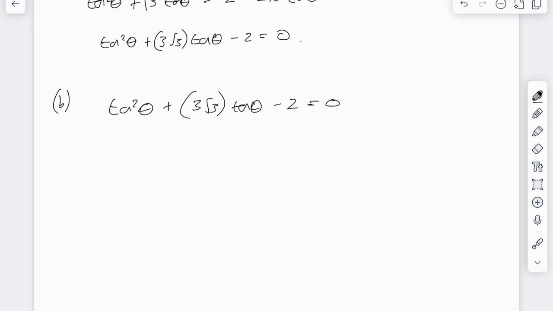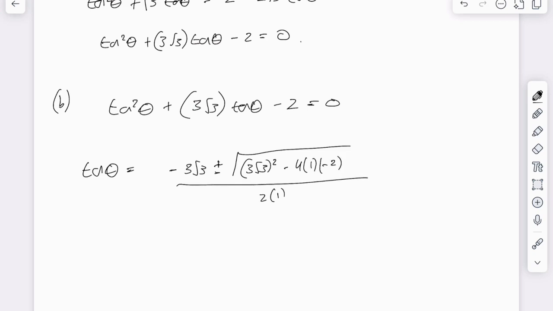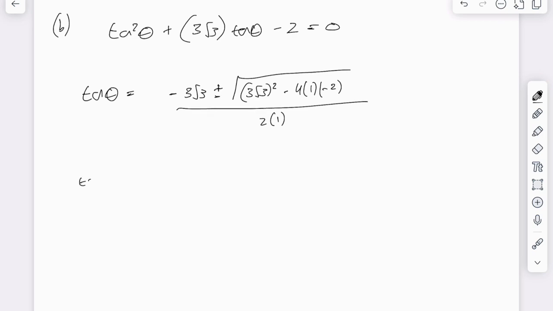Okay, and we can now use the quadratic formula. So we can say tan theta is equal to negative 3 root 3 plus minus the square root of b squared minus 4ac, right, over 2a.